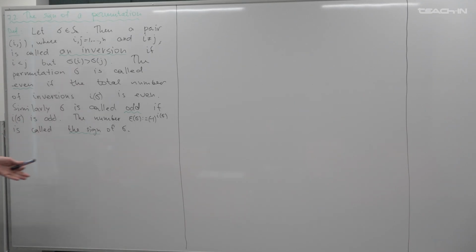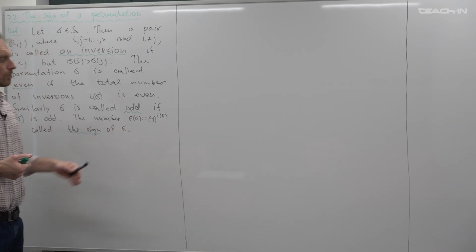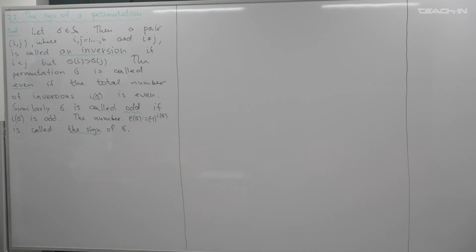It can be either 1 or minus 1, so the sign of every odd permutation is minus 1, and the sign of every even permutation is 1.